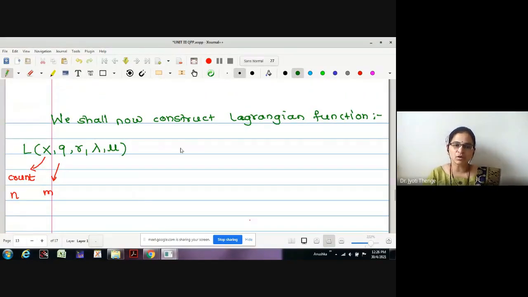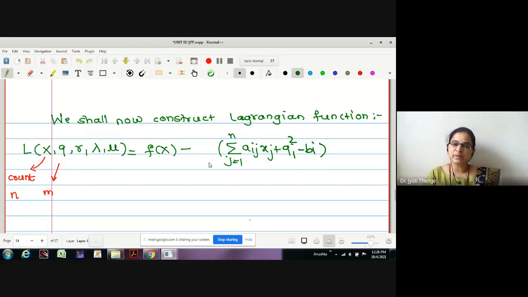Therefore, what will be my Lagrangian function? F of x minus... let me write my constraint. My constraint equation is summation j equals 1 to n aij xj plus qi square minus bi.